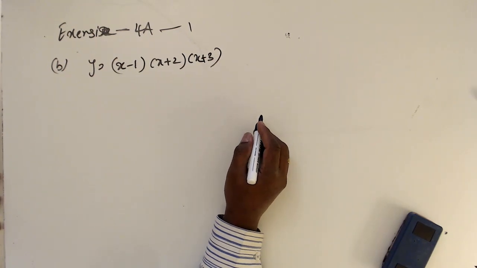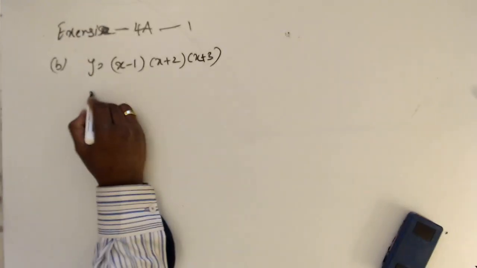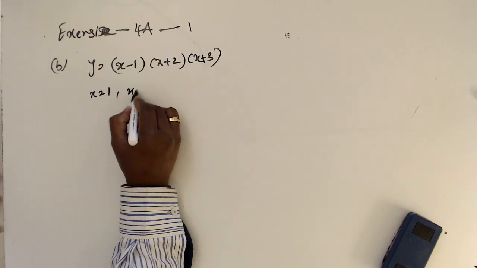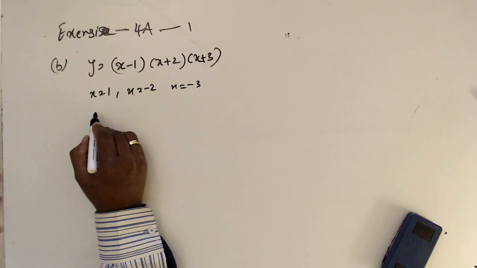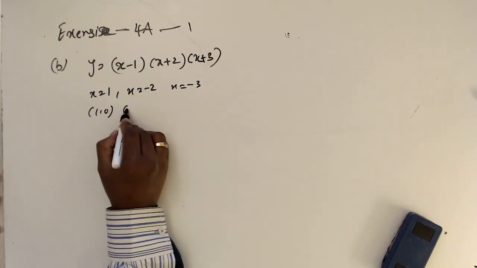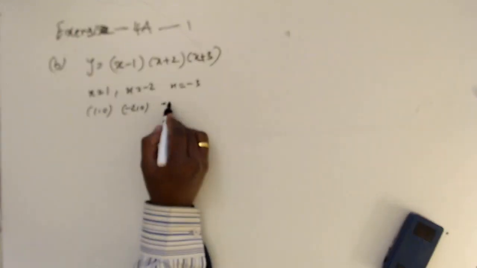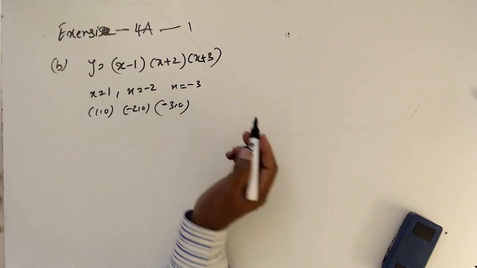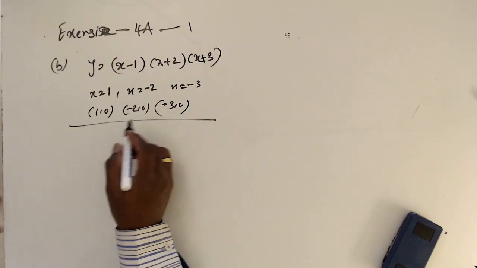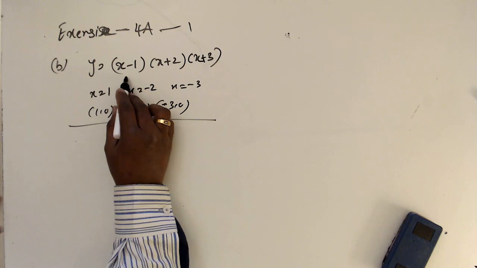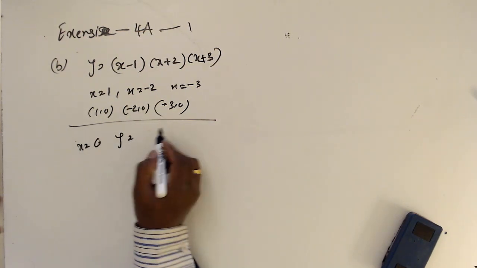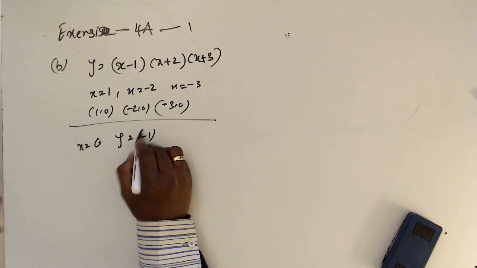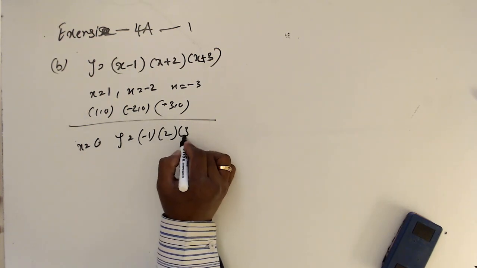Okay. Roots are x equals 1, x equals minus 2, x equals minus 3. So (1, 0), (-2, 0), and (-3, 0). And when x equals 0, we can see where the graph cuts the y-axis. So minus 1, 2, 3.